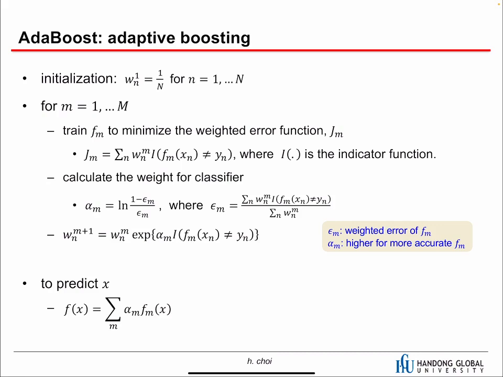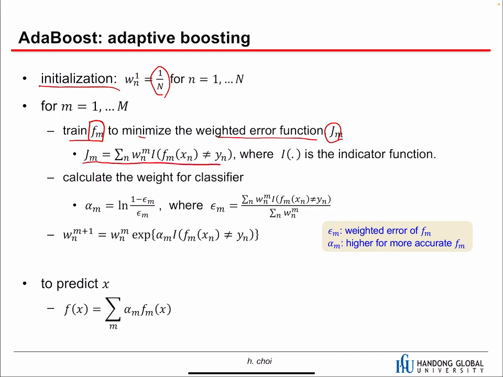And this is one example of boosting, which is AdaBoost. We initialize the weights for the samples based on the uniform distribution, so all the samples have the same kind of importance at the beginning of this procedure. Then first we train the model to minimize the weighted error function. For the first iteration, this is just the error because the weights are the same.